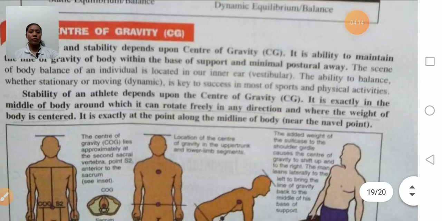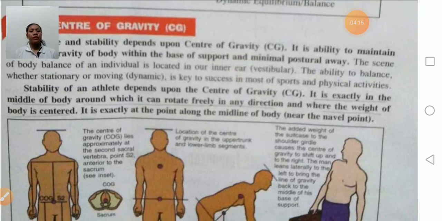The science of stability in sports. The stability of an athlete depends upon the center of gravity. It is exactly in the middle of the body, around which it rotates freely in any direction, and where the weight of the body is centered.